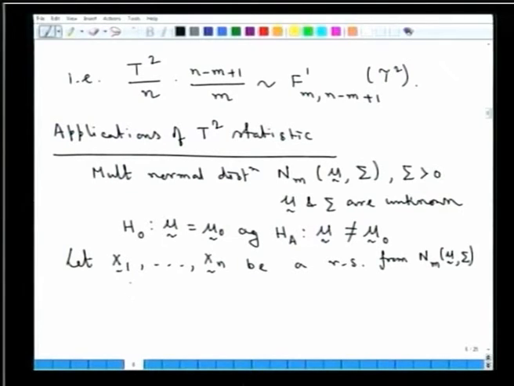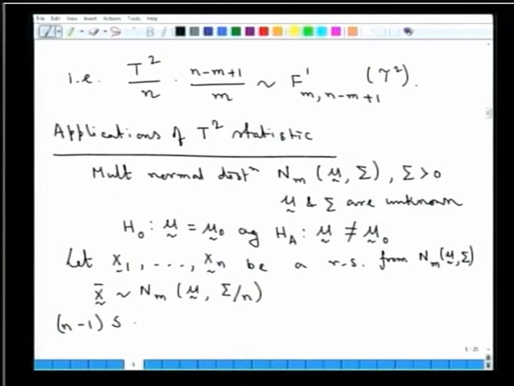What do we know about this random sampling? We know the following fact, that x bar, the sample mean vector, has got a multivariate normal distribution with a mean vector as mu and a covariance matrix as sigma by n. And about the variance covariance matrix, say this S is S n minus 1, I'll drop this subscript n minus 1. Wherever I have this S, it's basically denoting the sample variance covariance matrix with a divisor n minus 1.